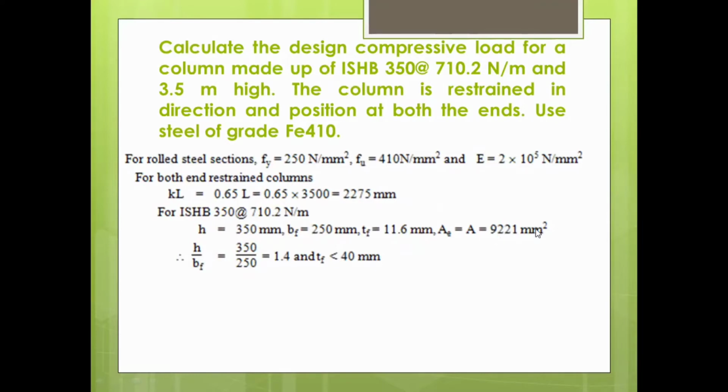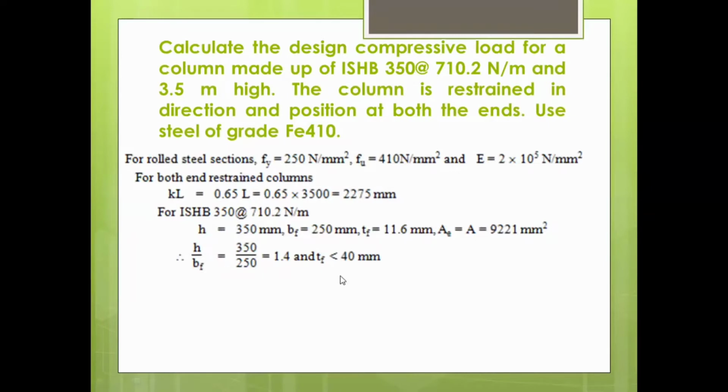Once you note down all the geometrical properties of the section from the steel table, now you go for calculating this ratio. H by BF is equal to 350 by 250, which is 1.4, and thickness of flange is less than 40 mm. So we have taken this ratio H by BF and we have also compared thickness of flange.